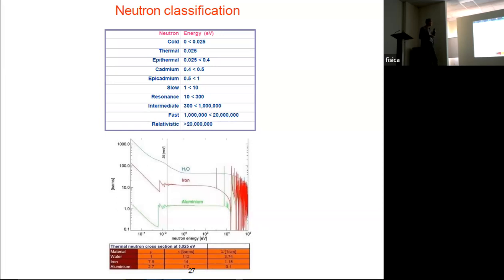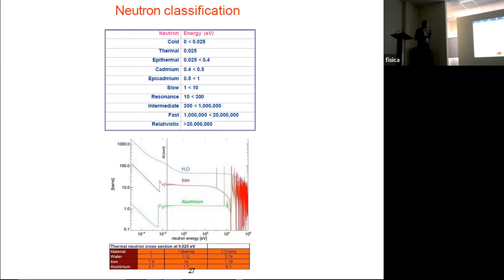Thermal neutrons, we call them thermal because they are thermalized with the surrounding materials and have the same energy and temperature as the atoms or molecules surrounding them. There are also cadmium neutrons and slow neutrons, like this region.